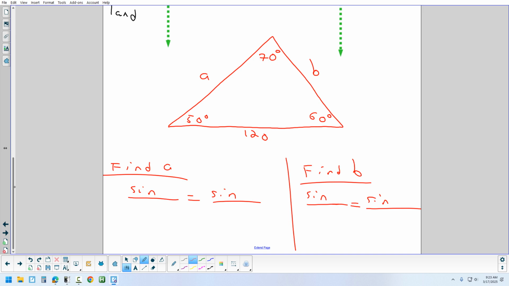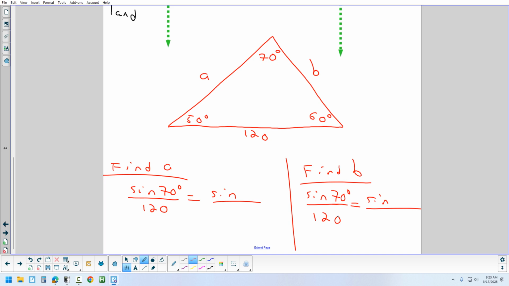Sine 70 over 120. Perfect. The reason I can set both of them up at the same time is because A and B are not dependent on each other. I can find A without B and B without A.